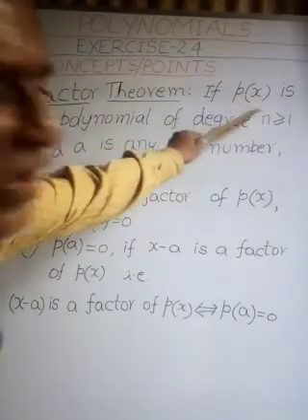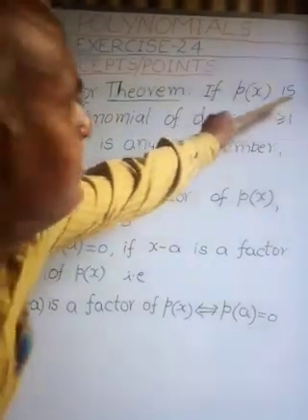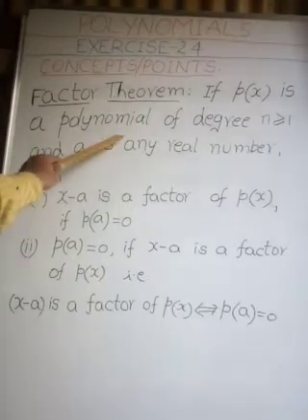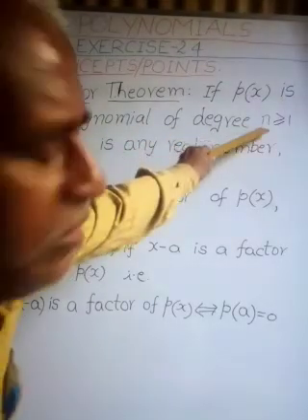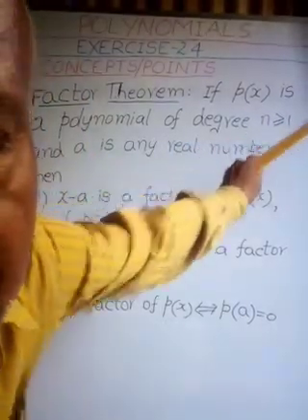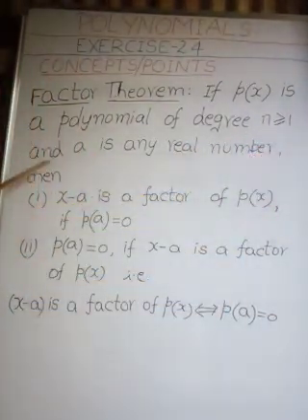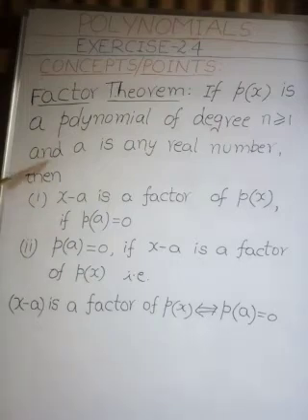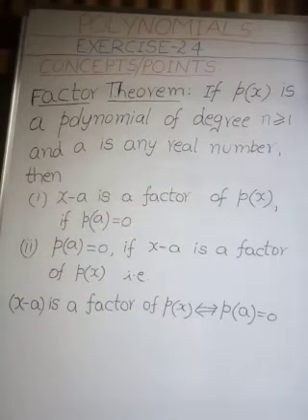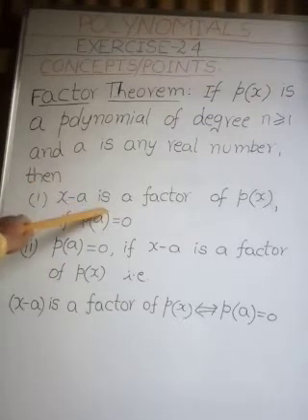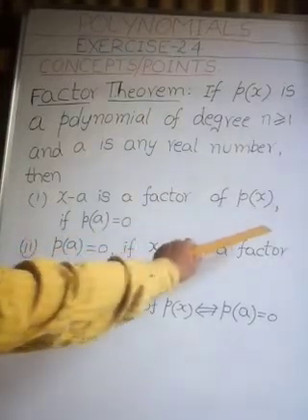If P of X is a polynomial of degree n greater than or equal to 1, and A is any real number, then x minus a is a factor of P of X.